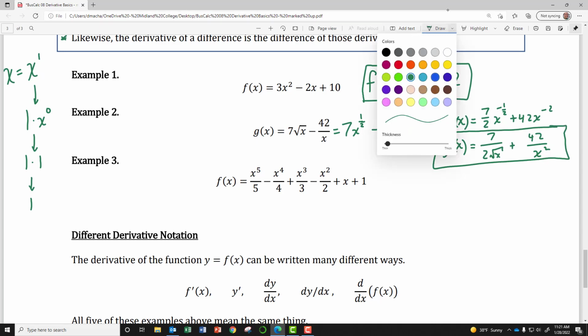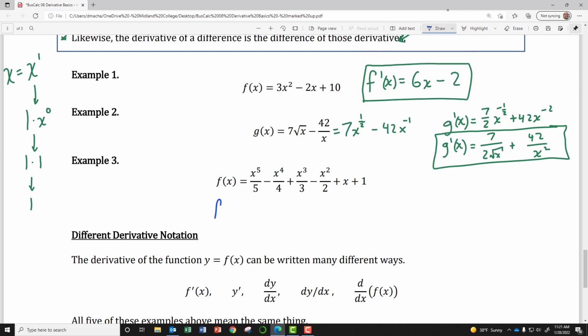And for example 3, I set this one up in a nice way intentionally. The derivative of x to the 5th will be 4, no, excuse me, the derivative of x to the 5th is going to be 5 times x to the 4th, just using power rule. And then the derivative of x to the 4th will be 4 x to the 3. The derivative of x cubed is going to be 3x squared.